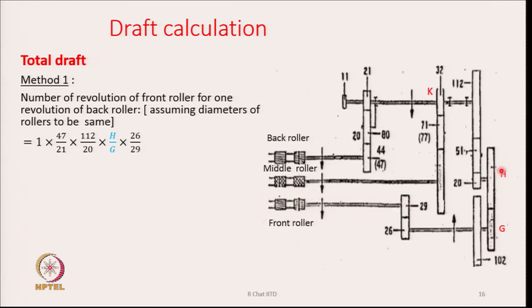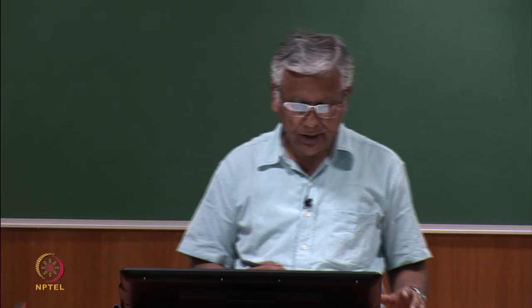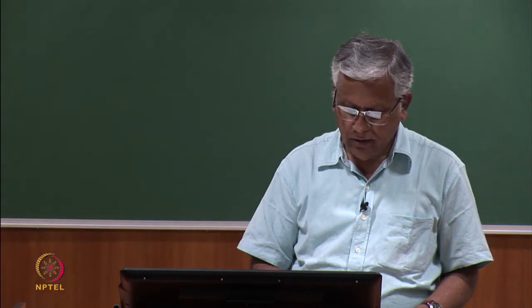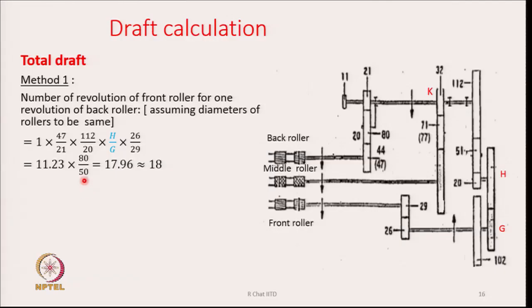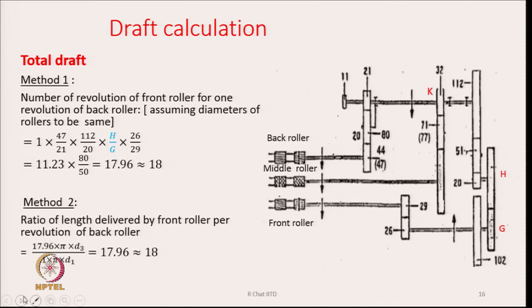So, here H and G, these two gears can act as a draft change gear, and if we check these values at 80 and 50, we get a figure of 18, which could be the draft in the present case, provided H is 80 and G is 50. Method 2: the ratio of length delivered by the front roller per revolution of the back roller can also give me the draft.